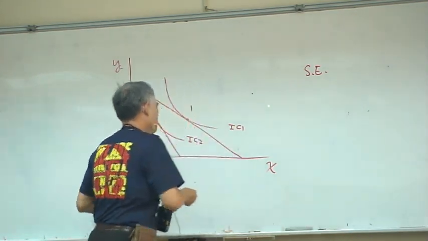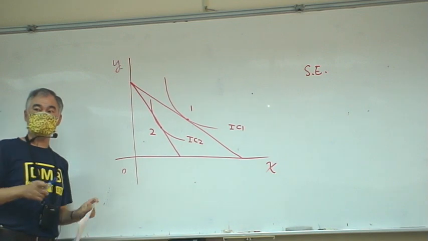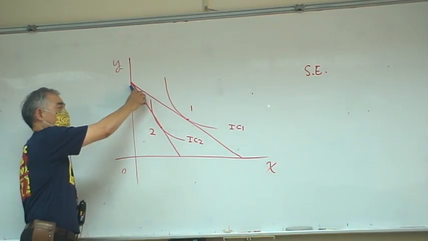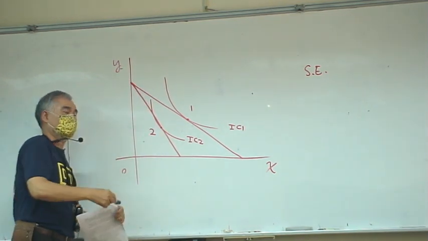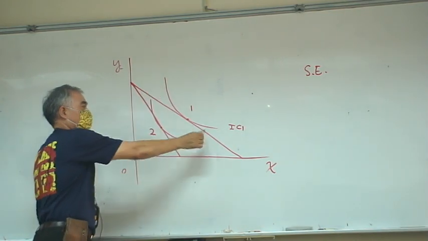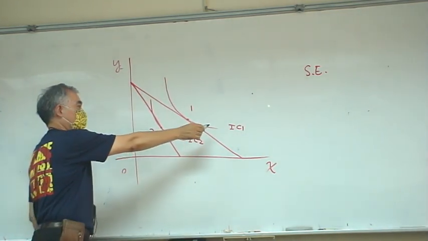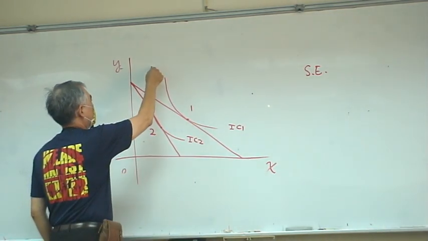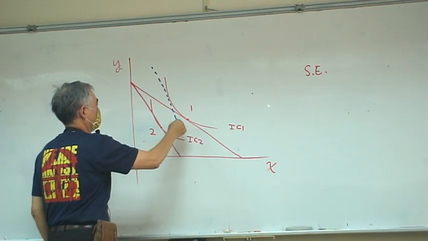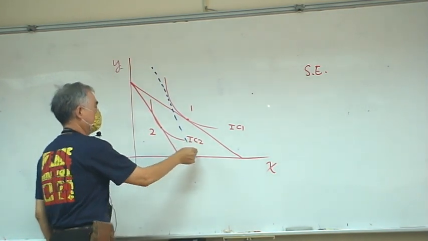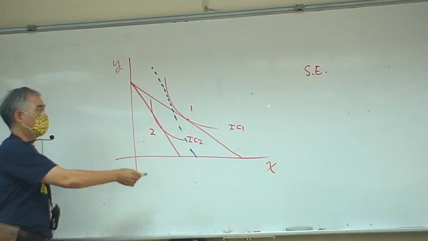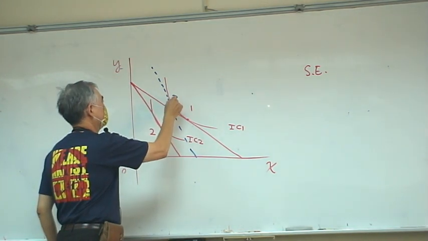So we have to draw a new budget line that is parallel to the new one, but tangent to indifference curve 1. So here is the new budget line, and we get this point 3.